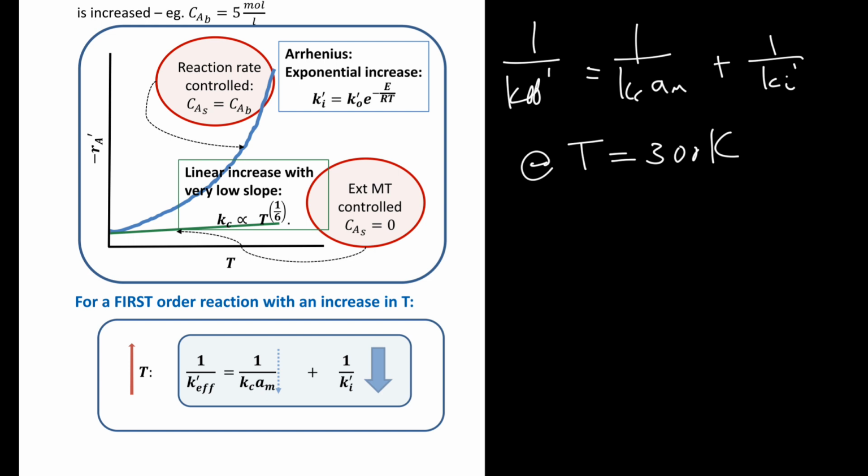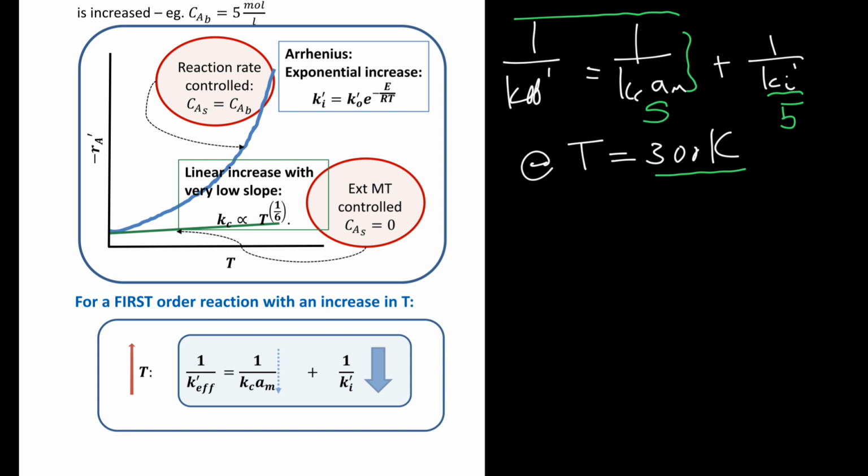Let us consider a specific scenario. Remember, we can only apply the sum of resistances approach when we have a first order reaction. So let's say at 300 Kelvin, I've determined that the resistance to the rate due to the intrinsic reaction rate is 5. So in other words, the inverse of that rate constant. And the inverse or the resistance to the rate due to external diffusion is also 5.